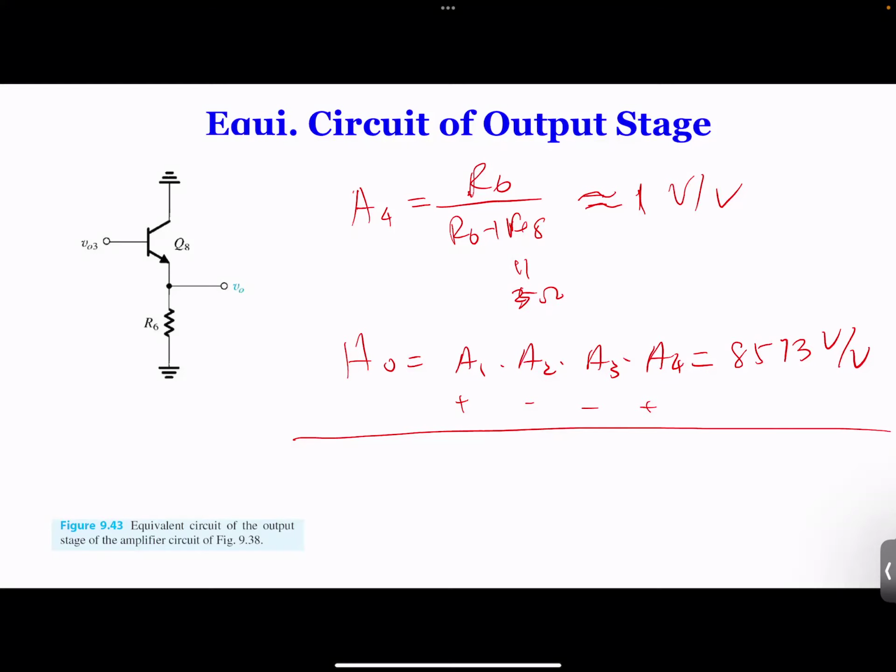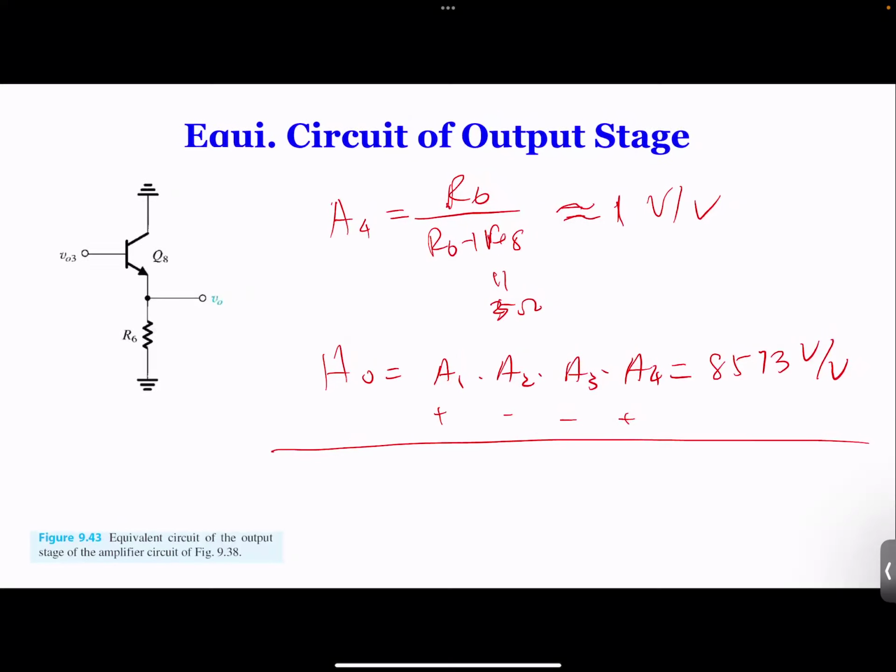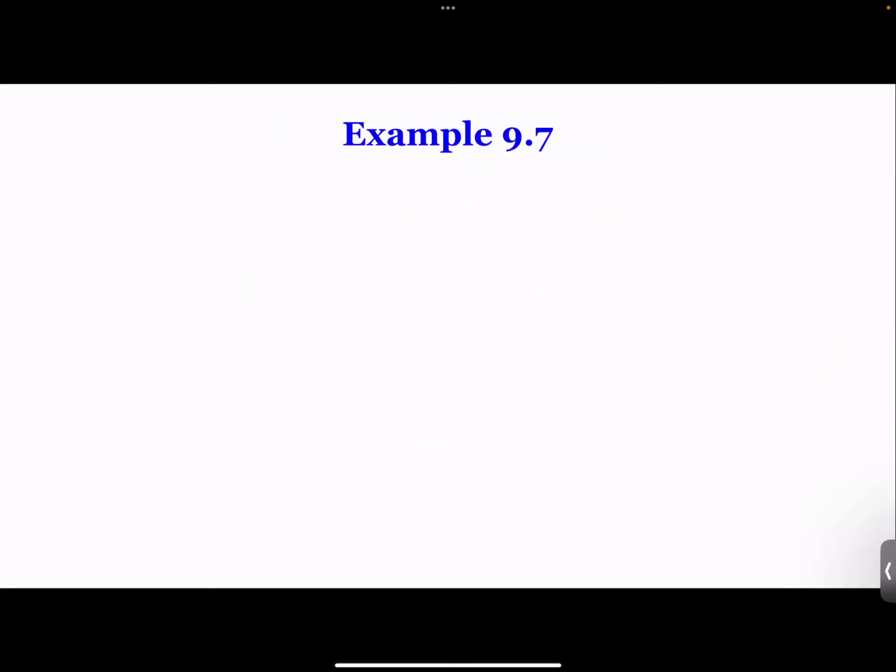And we also have to calculate the output resistance in the circuit, which you simply do by going back to the common emitter amplifier, how we calculate the output resistance. You can do the equivalent circuit.